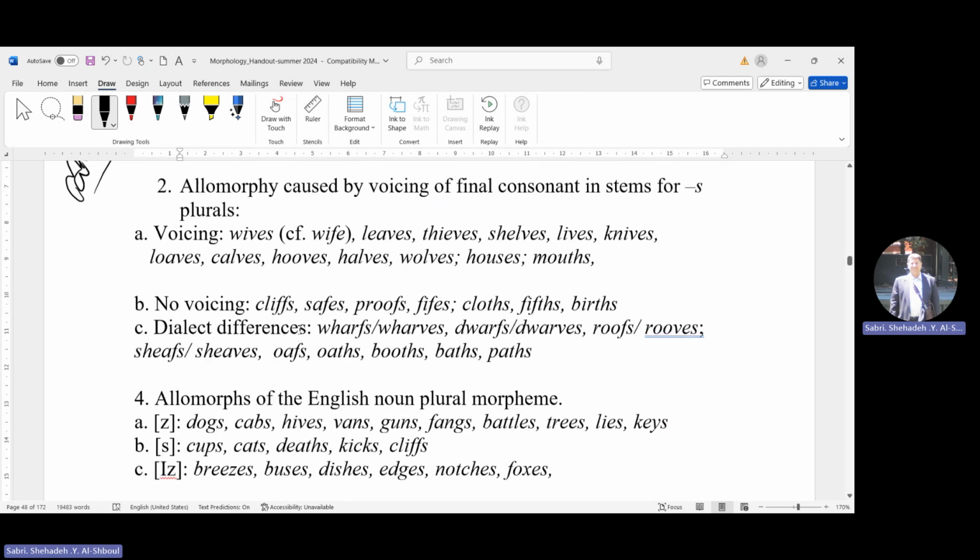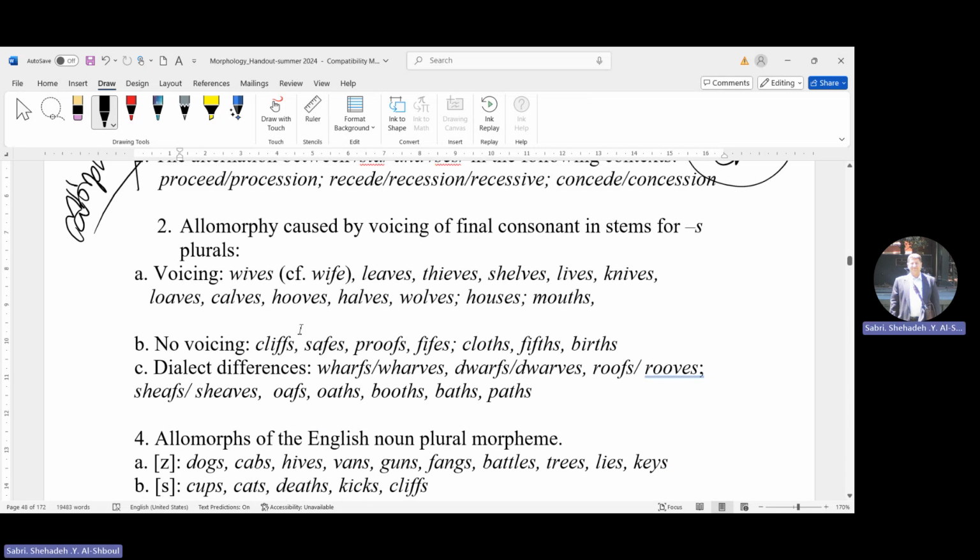The third one here at hand is the allomorphy, which is caused by voicing of final consonant in stems for the s plurals. So we have, for example, wife, right? So when we add s, which is the plural marker, it becomes wives, right? So we notice the change of f to v here of the morpheme wife.